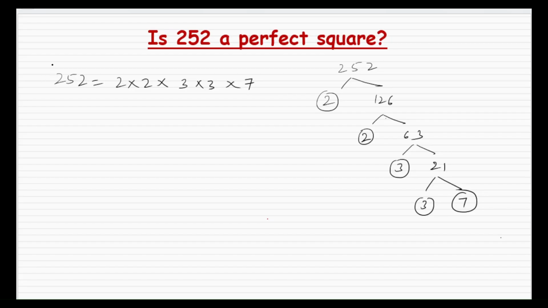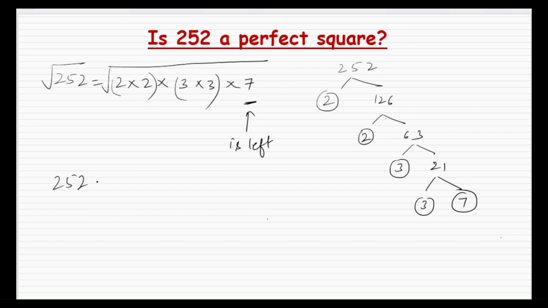Now to take the square root of 252, let's take the square root on both the sides. And now what is our next step? To group or pair the factors. So one pair is this, one pair is this. Are we able to pair 7? No. This 7 is left. Since we are not able to pair this 7, there is no other 7 by which I can make a pair.